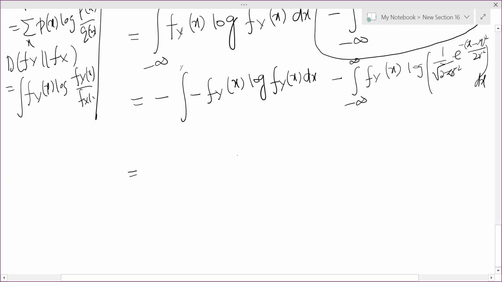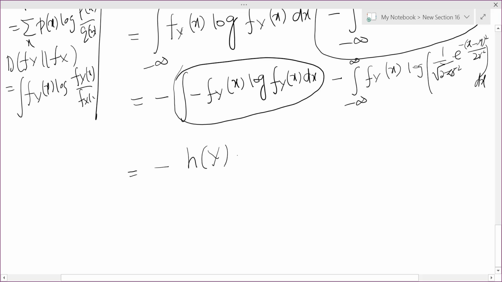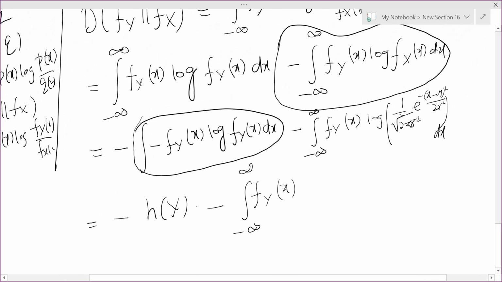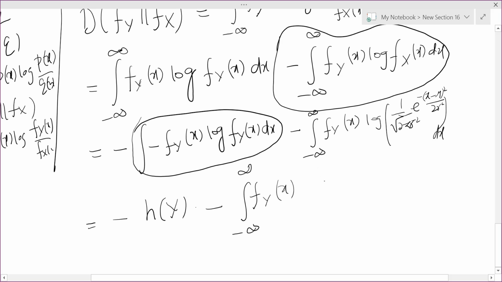So now what will this be? This is indeed minus h of y, the entropy of y, right? And let's now see the right hand side, minus integral fy of x, right? And it is now log of 1 over under root 2 pi sigma square minus (x minus mu) square divided by 2 sigma square.